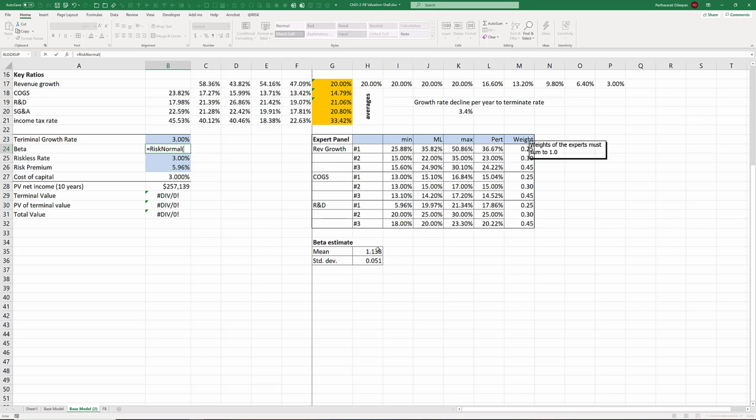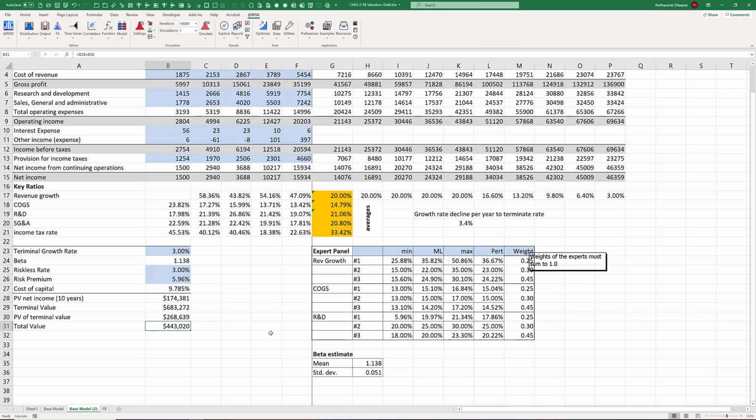So mean and standard deviation. Okay, so now we have set up the @RISK function for beta. So now we have these three simulated from the expert opinion and beta simulated from historical data.